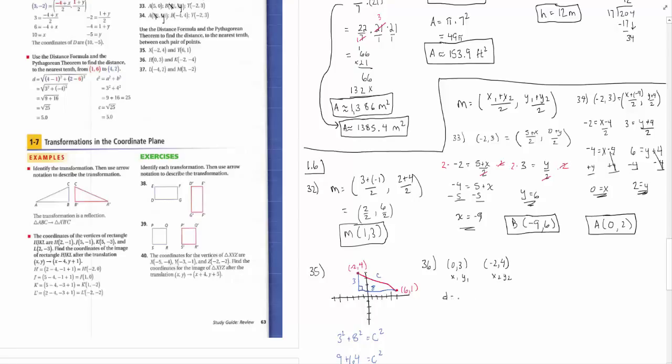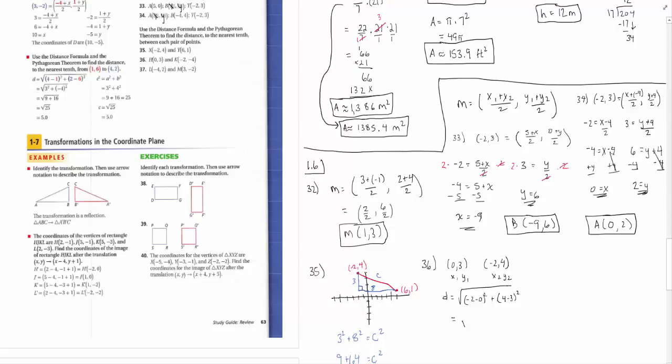So distance equals the square root. Okay, now we're using the distance formula. It's going to be x2 minus x1 to get started. So negative 2 minus 0 squared, subtracting your x's, plus y2 minus y1, which is 4 minus 3 squared.